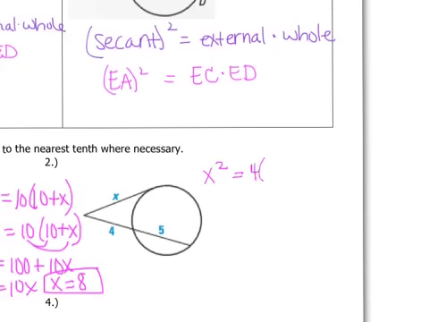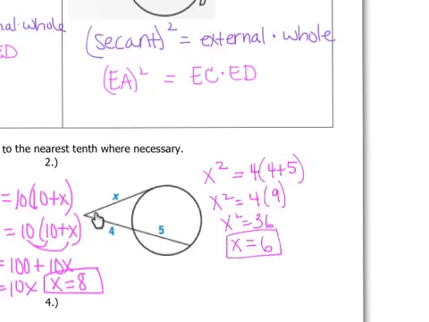That would be 4 times 4 plus 5, and we can solve from there. I'll add the 4 and the 5 for 9, and then multiply. From there, we'll take the square root. Again, because we are talking about a segment length, we're only including the positive value here.